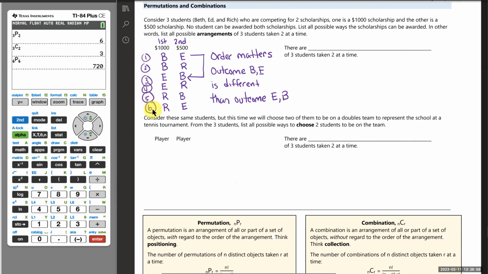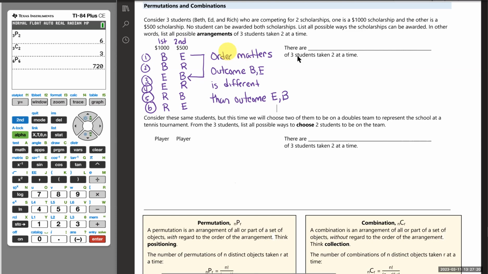So when I count out all the different ways to arrange these people where the order does matter, switching orders makes a difference, we call these arrangements permutations. So a permutation is an arrangement of objects where the positioning of those objects does matter. So it does make a difference.